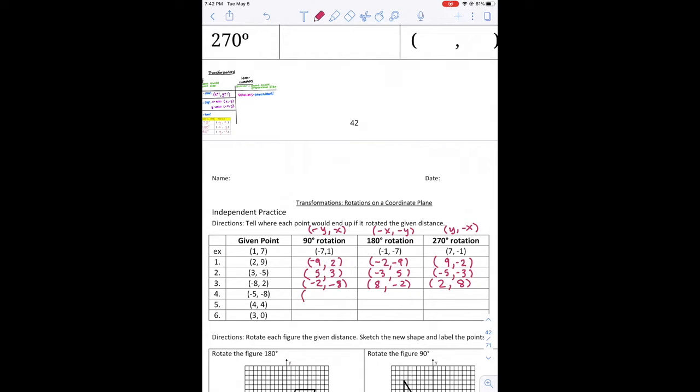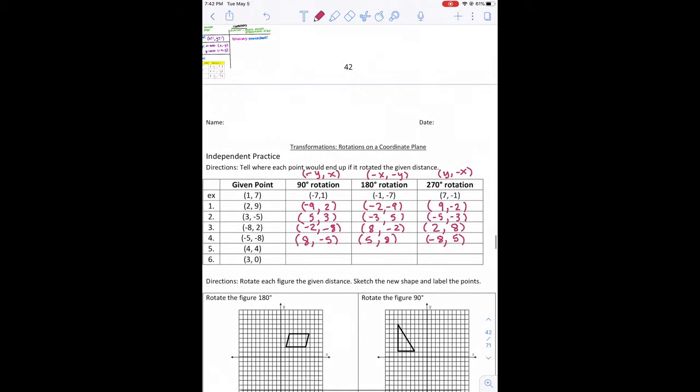Number 4 would be (8, -5), (5, 8), and (-8, -5). Nope, sorry, (-8, 5). All right. So hopefully that helped you check some of your answers.